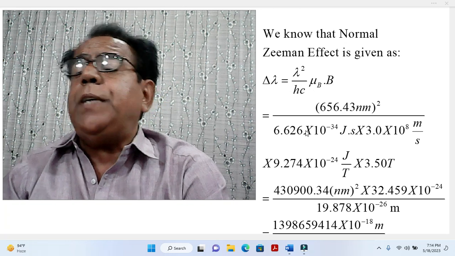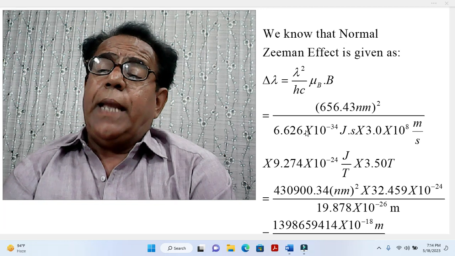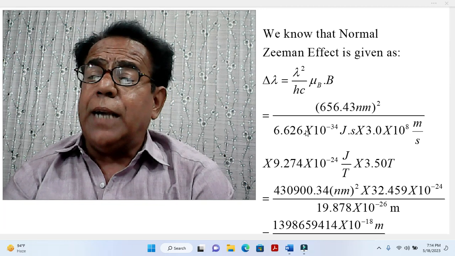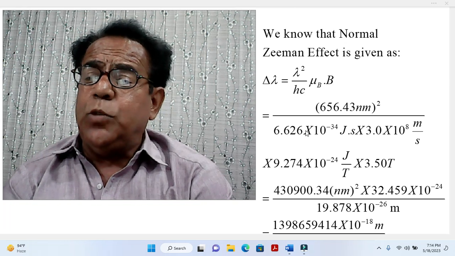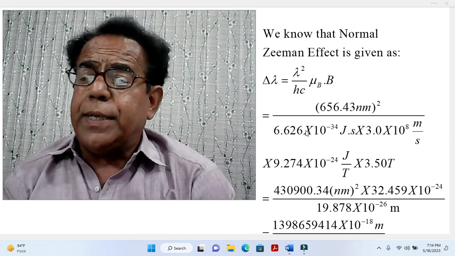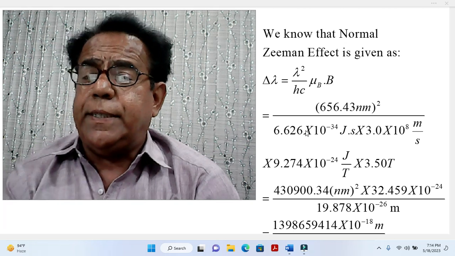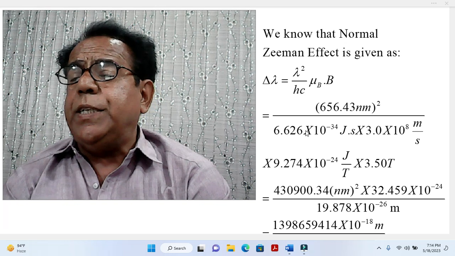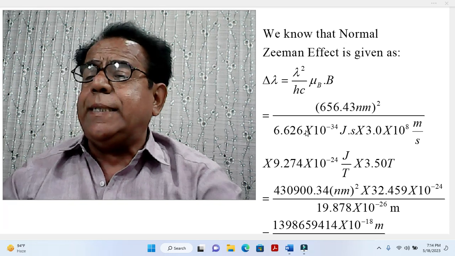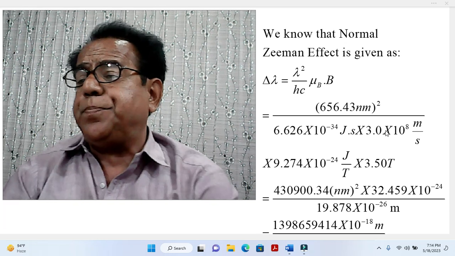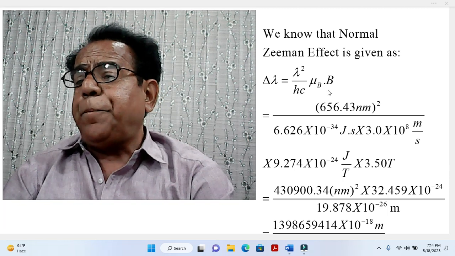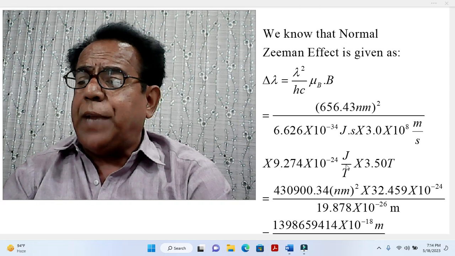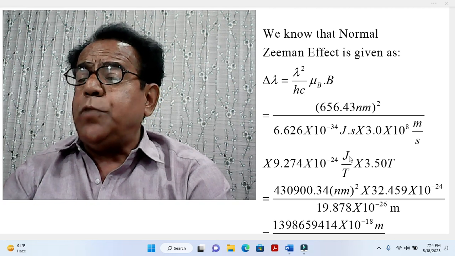So here we have exercised discretion that we have not taken the combined value of Planck's constant h and speed of light c. Rather we have taken separate values of these two constants. h is separate and c is separate, multiplied with, in place of Bohr Magneton, we have used this value which was in terms of joule per Tesla.